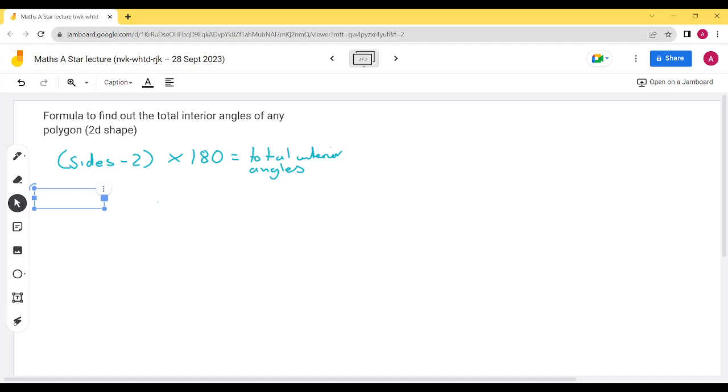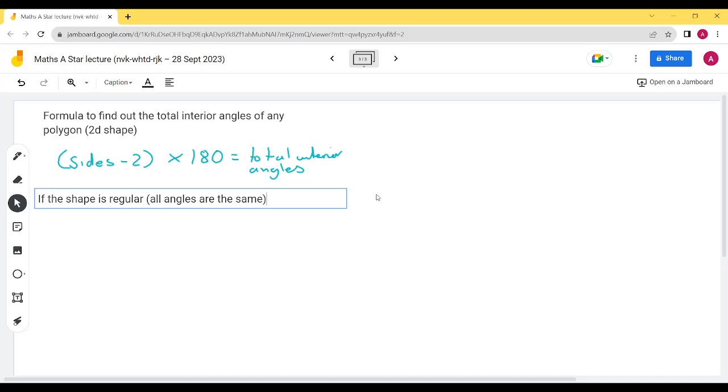And then just to add to this, if the shape is regular, and you'll see 2 terms come up, regular and irregular, which we'll see a bit more of when we come into shapes in the next class. A regular shape just means all the angles are the same, and irregular means they're not the same.